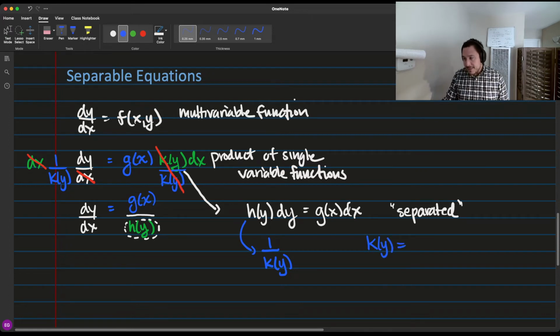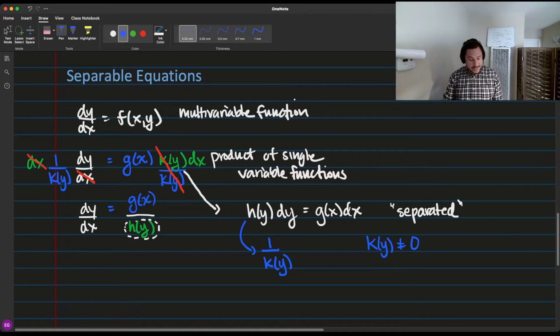K of y can't be equal to 0. So you have this assumption, and sometimes you have to go back and look at what you've done to see if your k of y function is ever equal to 0. That will rule out particular solutions, and we'll look at an example of this in a moment.